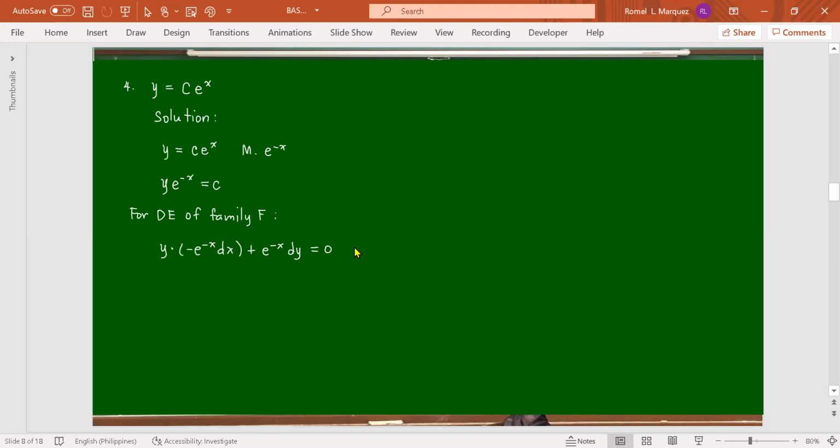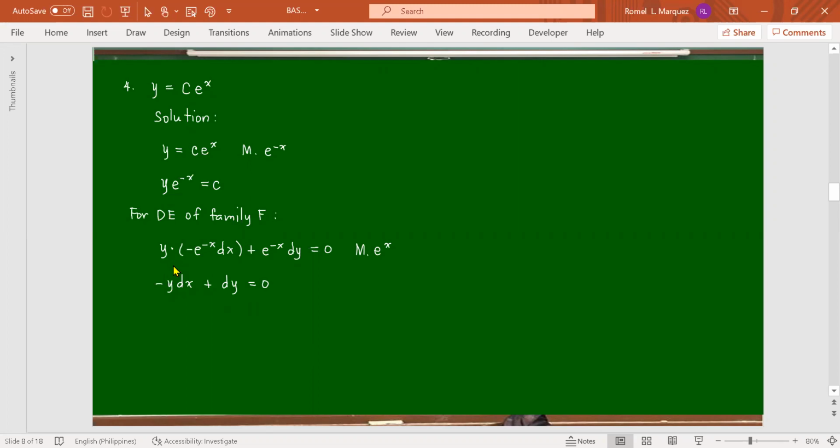Simplifying, we can multiply this by what? E to the x its side. Okay? So getting negative y dx plus dy, and that is equal to 0. Am I correct?